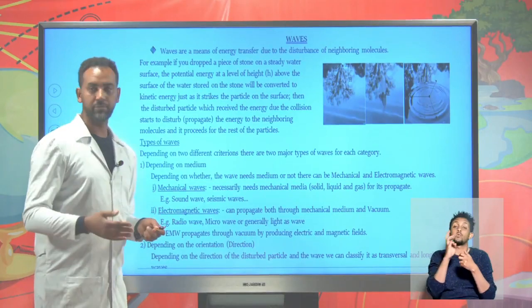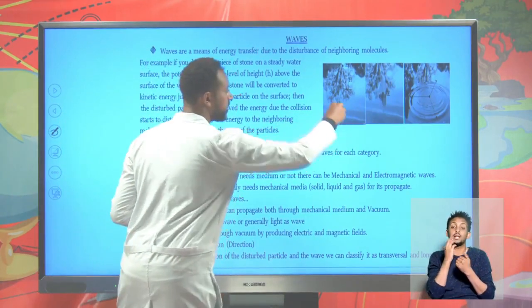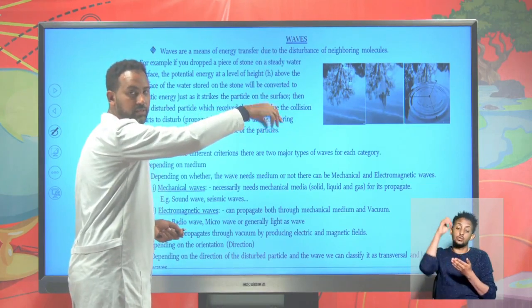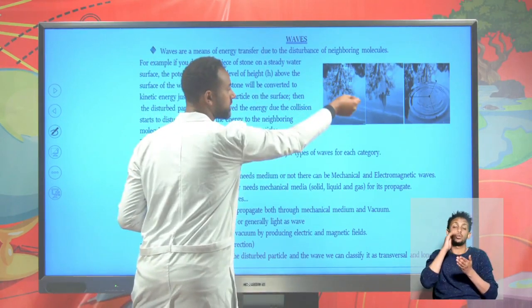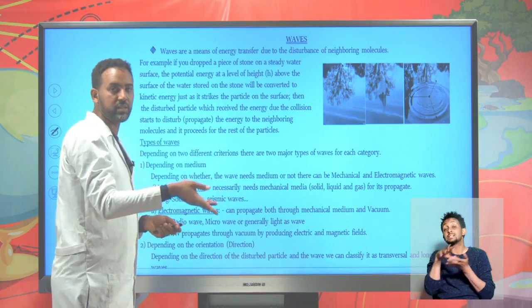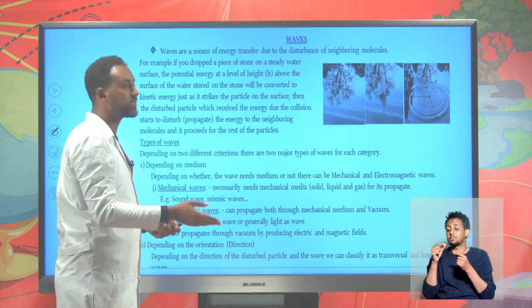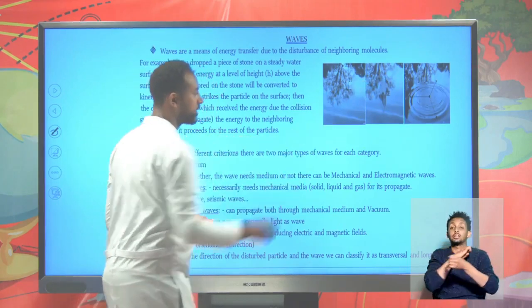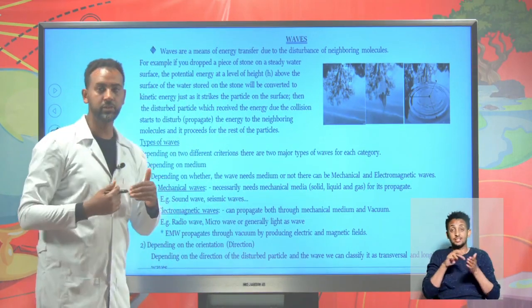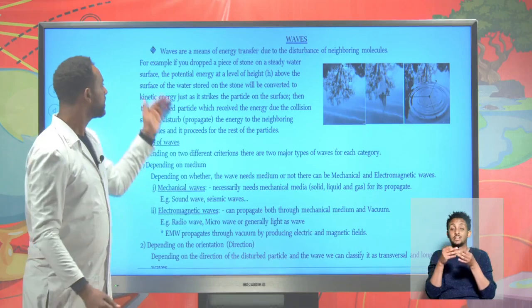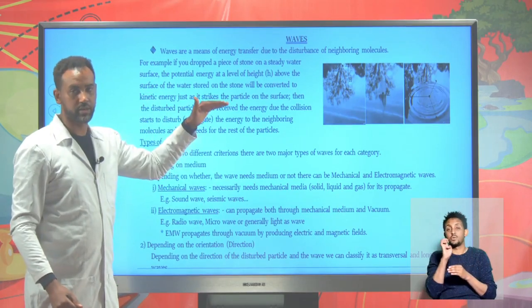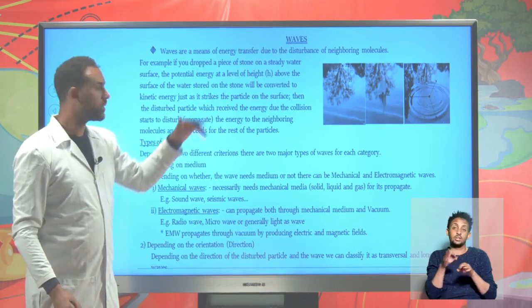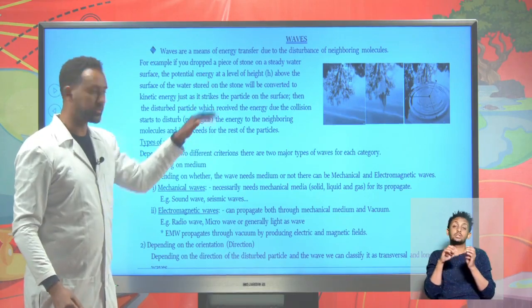Or it's possible to have a water ripple: if you drop a stone, at some point there will be a disturbance. Those disturbed particles disturb other particles, so they transmit the energy all along the surface. Such a means of energy transfer is known as waves. Waves are energy carriers. They transmit energy through disturbed particles.